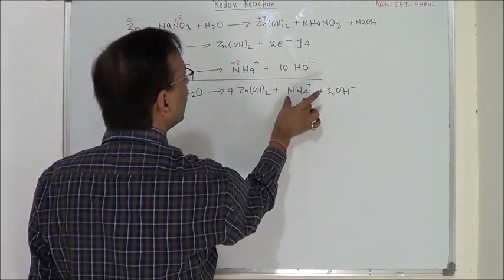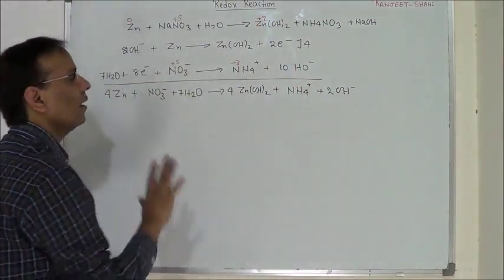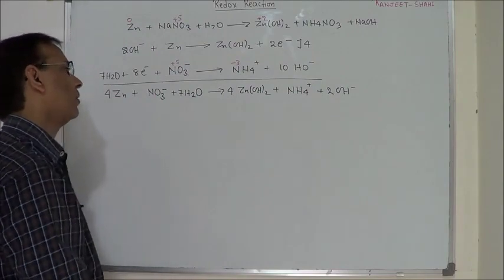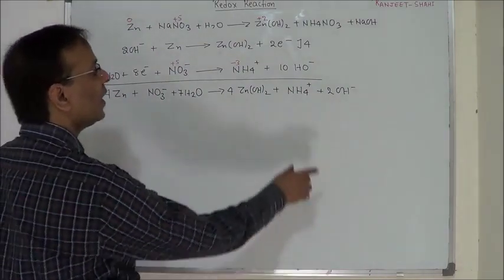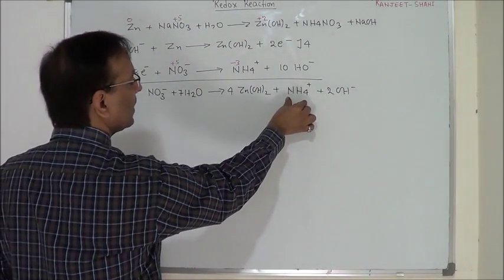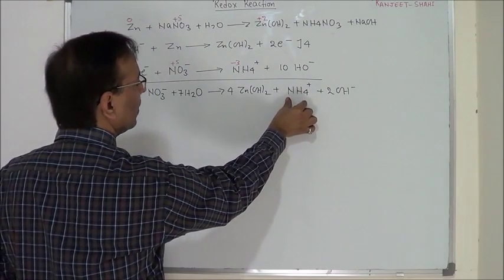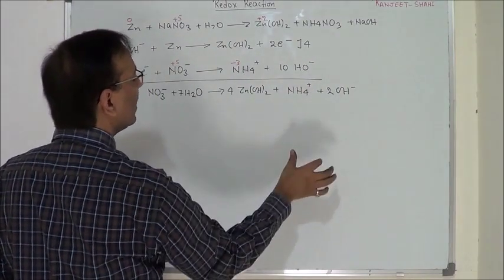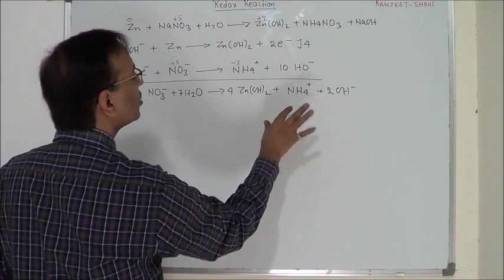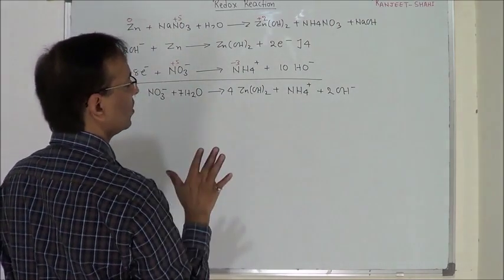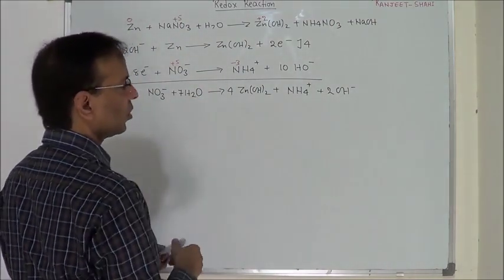So this ammonium ion will have to be written as ammonium nitrate. As many ammonium ions as there are, an equal number of nitrate ions will be required, which are not involved in the redox process. Nitrate to nitrate, no redox.